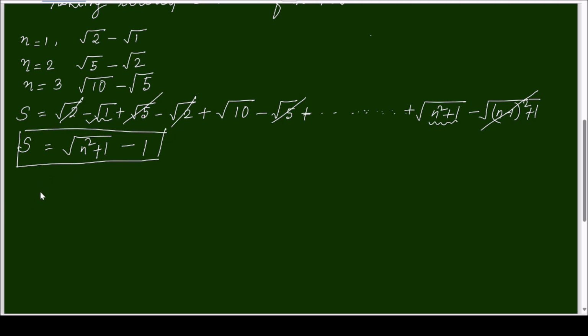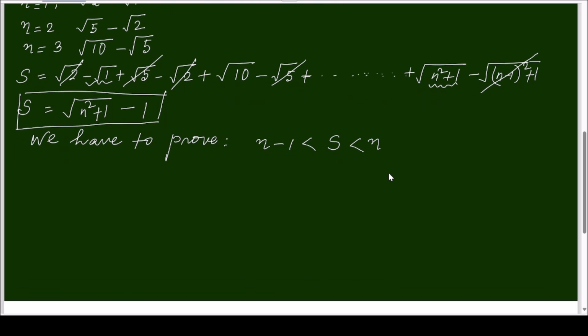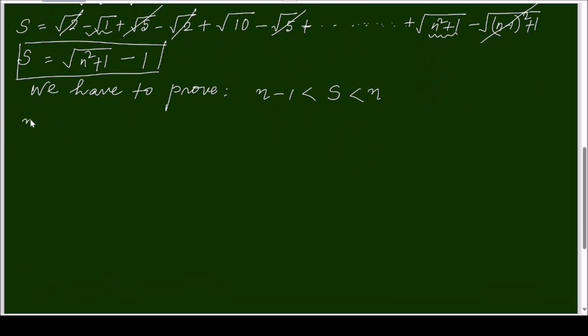Now the question is, we have to prove the sum is in between n minus 1 and n for any positive integer n. So n is a positive integer.